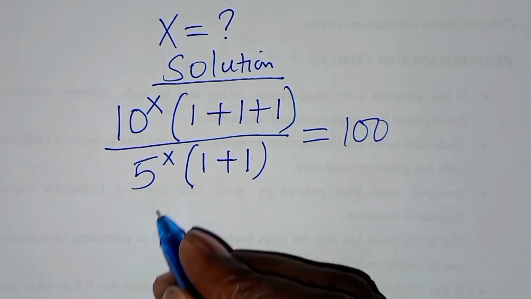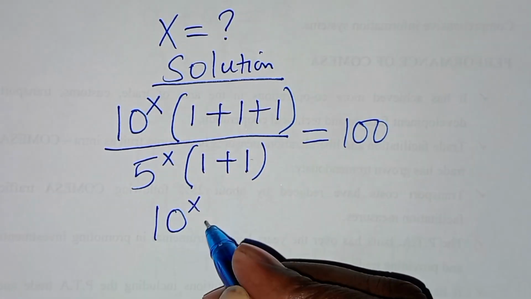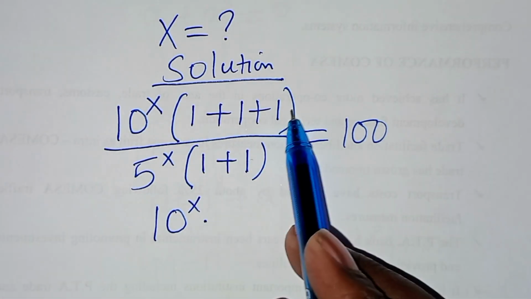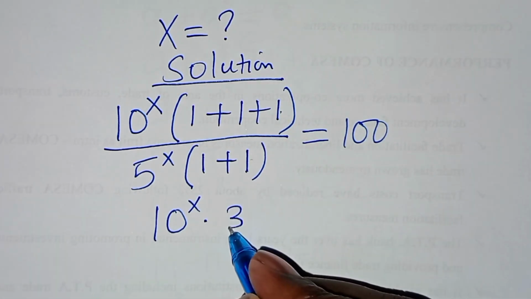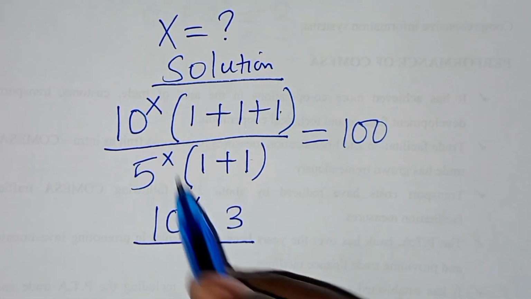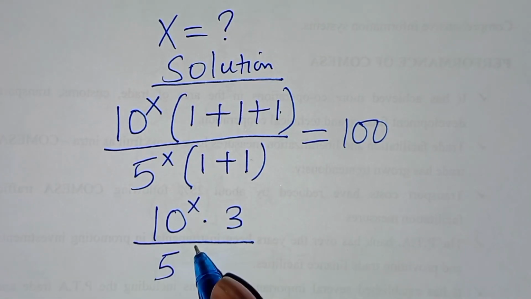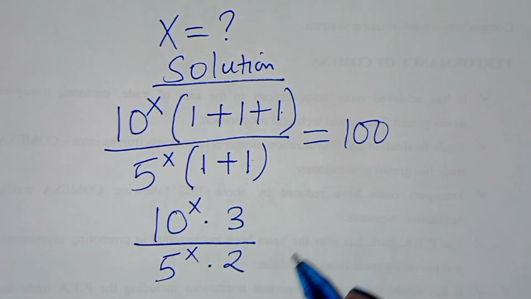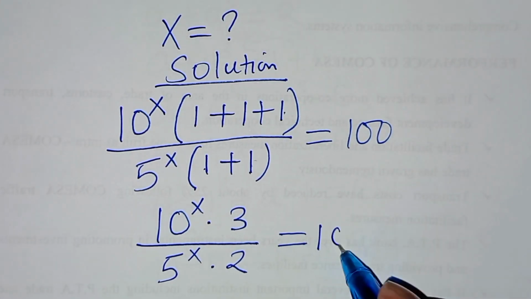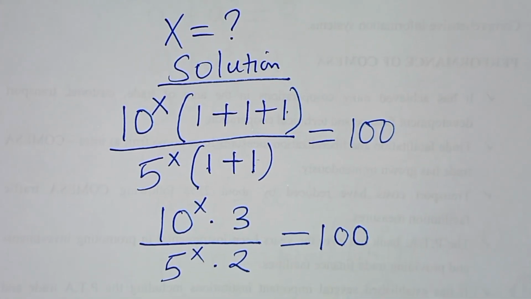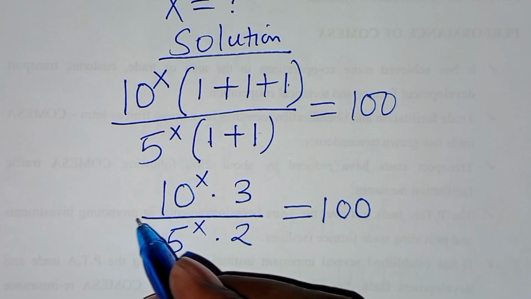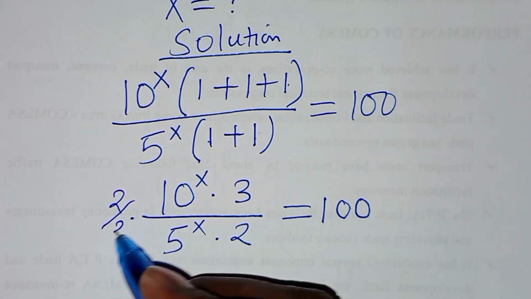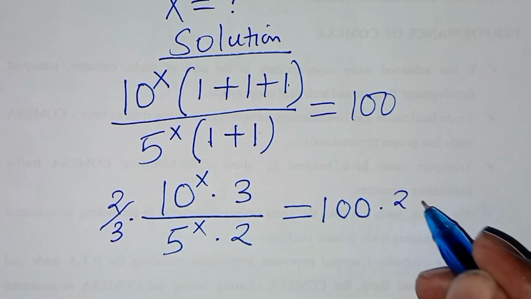So this is the same thing as 10 to the power x multiplied by 1 plus 1 plus 1. This is the same thing as 3 divided by 5 raised to the power x multiplied by 1 plus 1. This is 2, and this is equal to 100. So let's multiply both sides by 2 over 3.